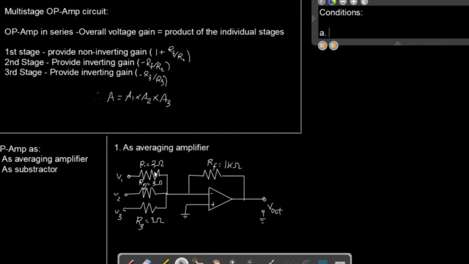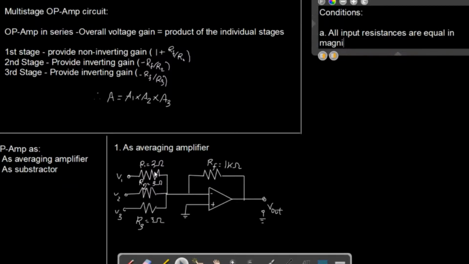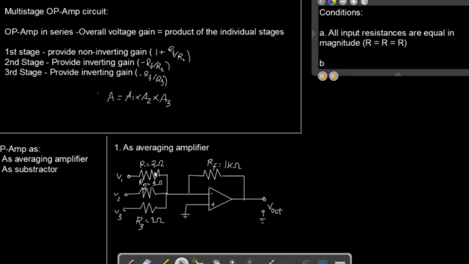The first condition is all input resistances are equal in value, equal in magnitude. So we basically say R1 is equal to R2 is equal to R3. And then there is one more condition.